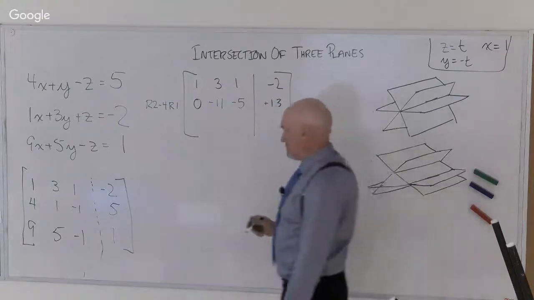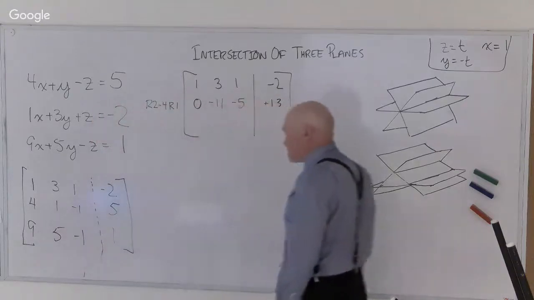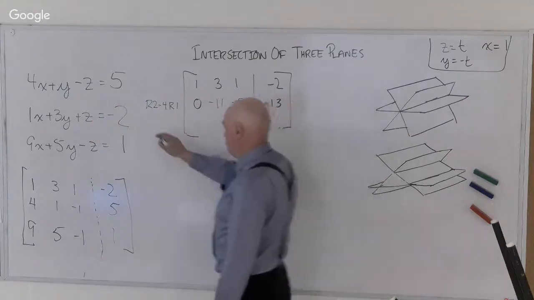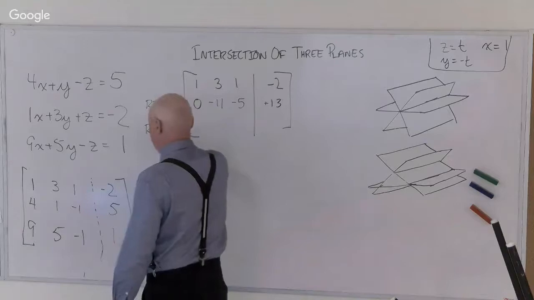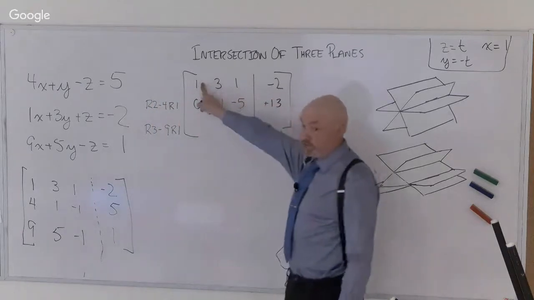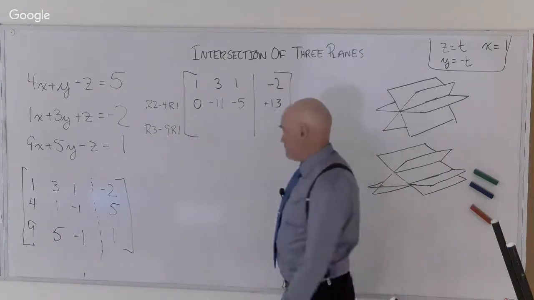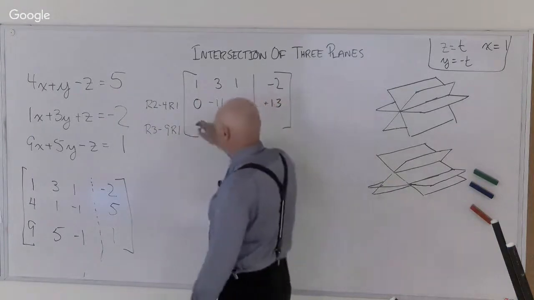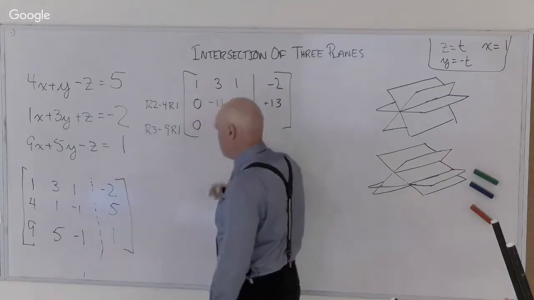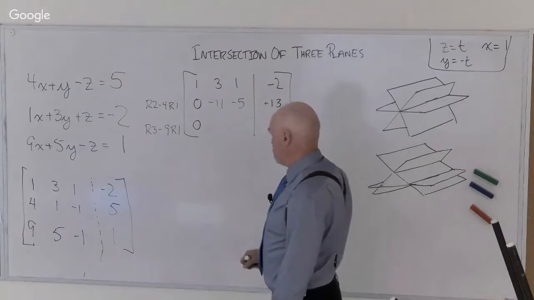I like that. Okay. So I have a 9 here. I don't like that. And so I'm going to do row 3 minus 9 times row 1. Okay. And magically, you notice that since I have a 1 here, it makes it super easy to get rid of these x's. 9 minus 9 is 0. 5 minus 3 times 9, is that right?